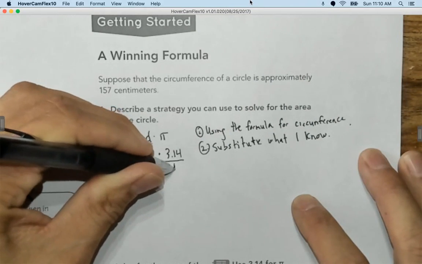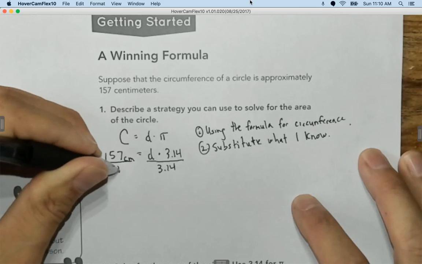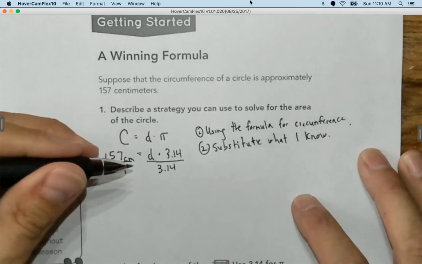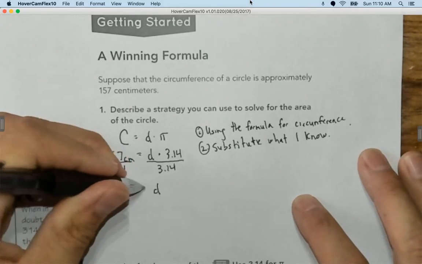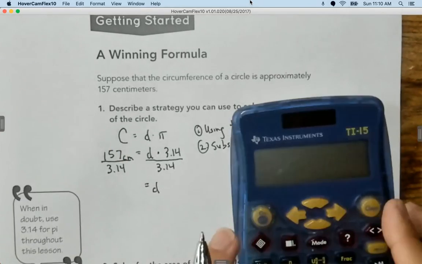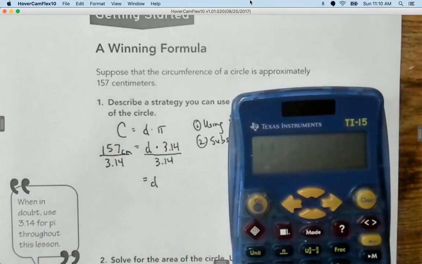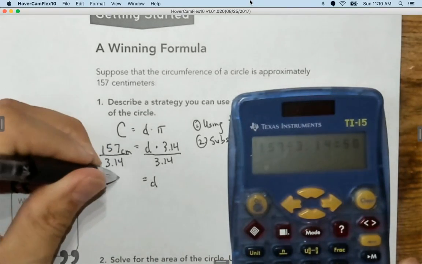I divide both sides by my approximation for pi, and that would tell me what the diameter is. If I take 157 divided by 3.14, I get a diameter of 50.